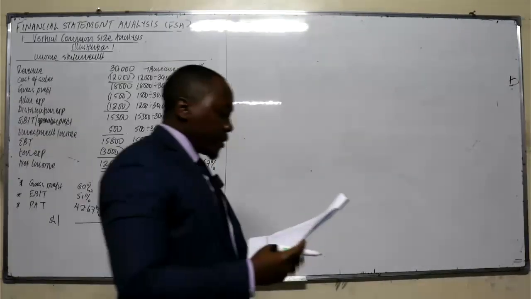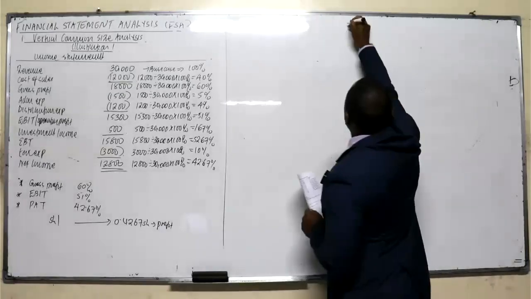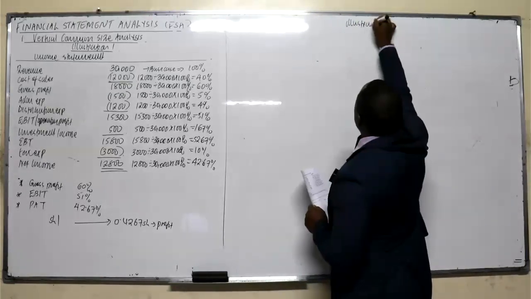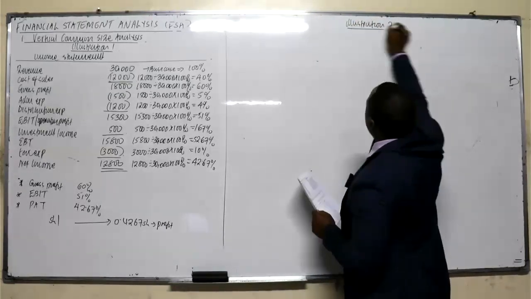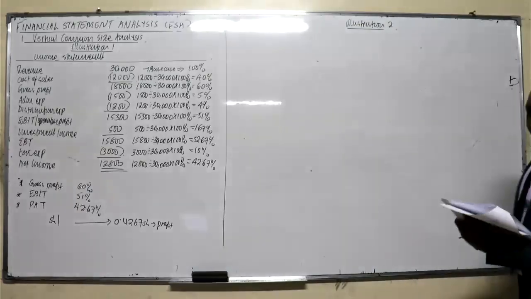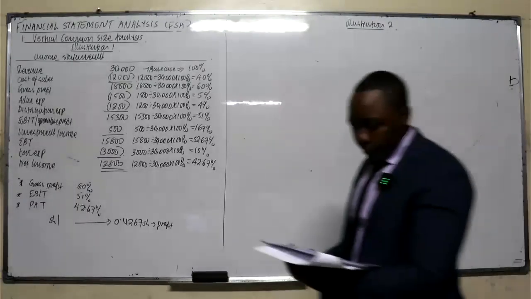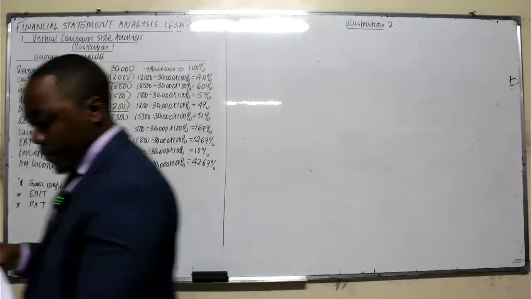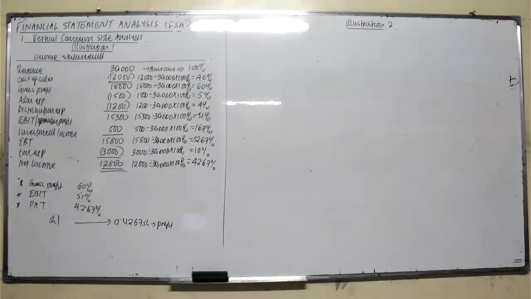Second page, we have illustration 2. Now consider the following financial statement of Evervibes Limited and prepare the vertical common size balance sheet.